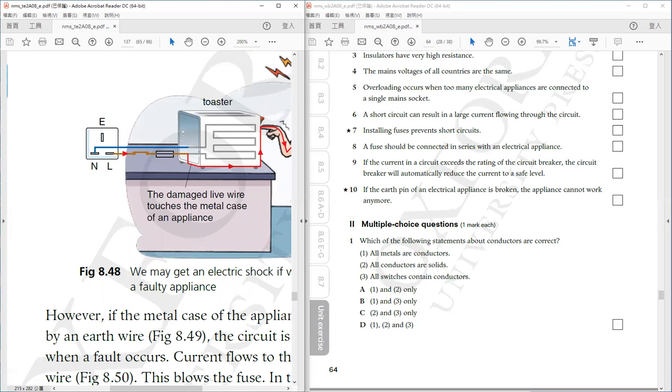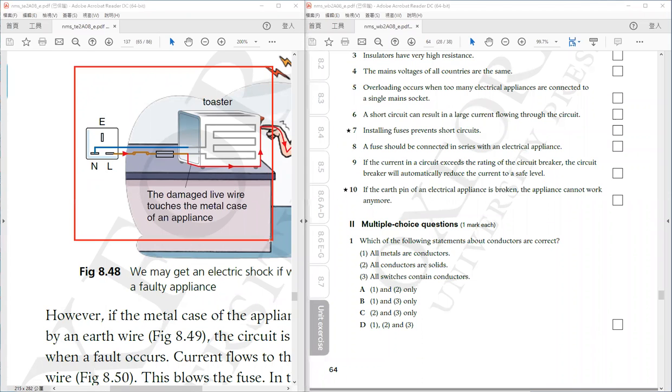In this picture, we show that when the current is too large and goes through the electrical appliance, the large current will burn the fuse, will blow out the fuse.